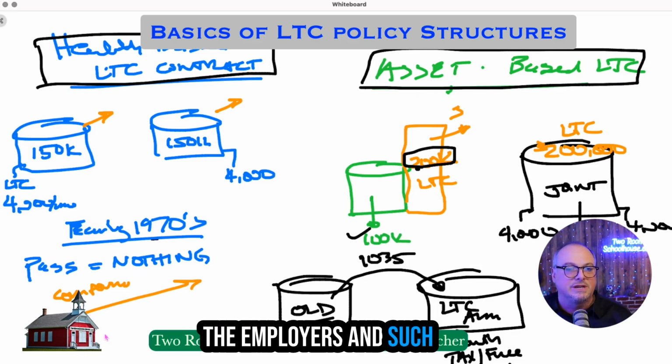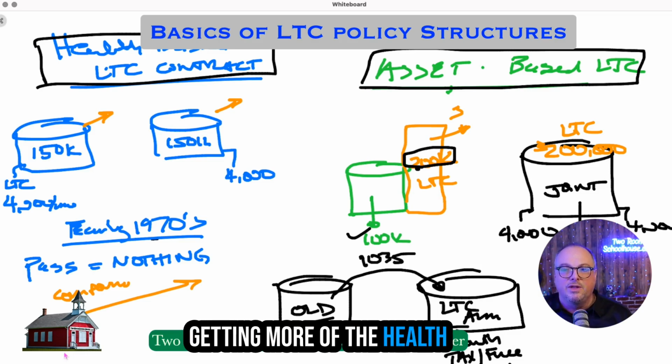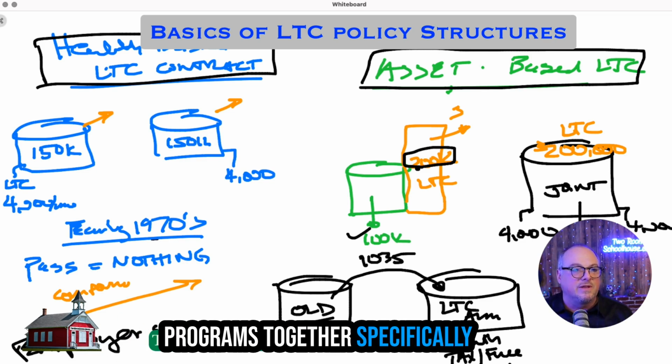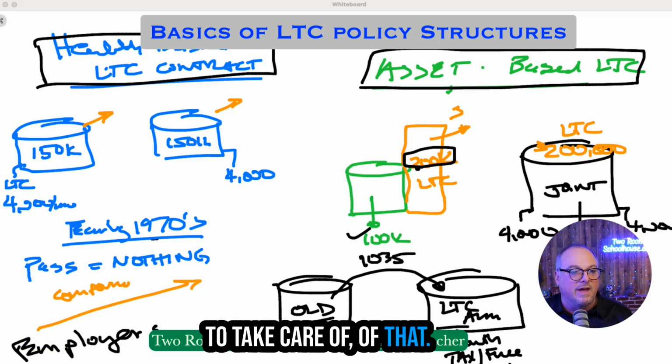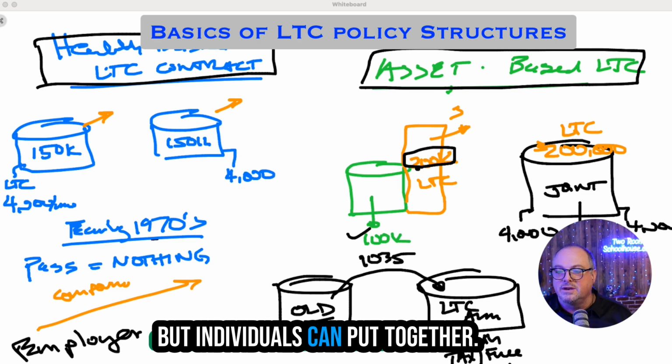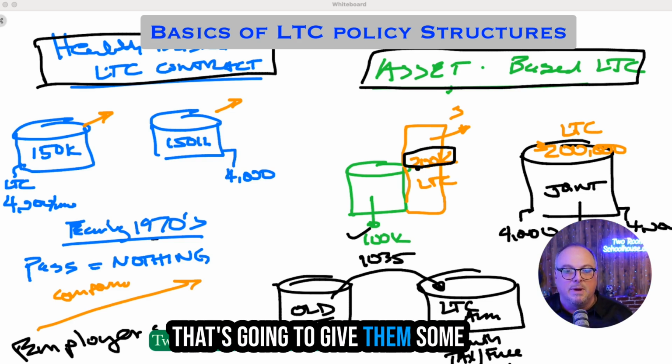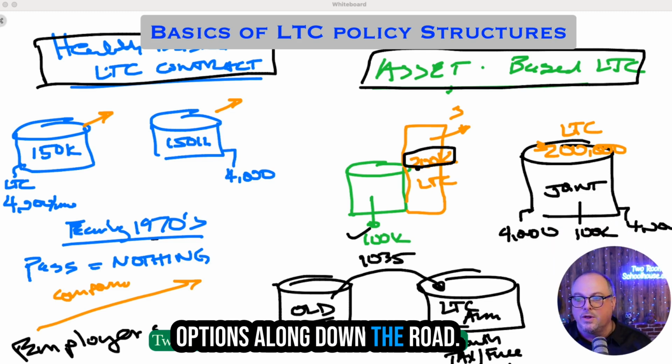Employers and such may end up getting more of the health-based long-term care. Employers put programs together specifically to take care of that, but individuals can put together an asset-based long-term care policy that's going to give them some options down the road.